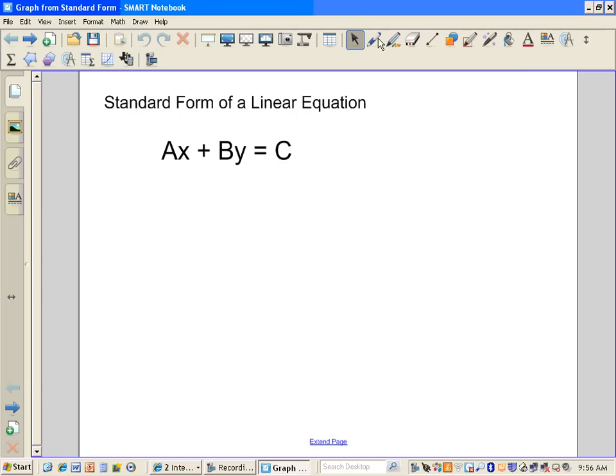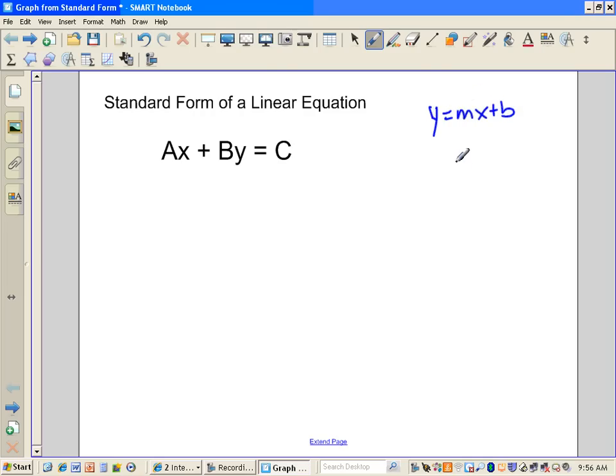Okay, welcome to the video about the standard form of a linear equation. We have become very familiar with the slope-intercept form. That's the y equals mx plus b form, and that has the slope in it and the intercept.